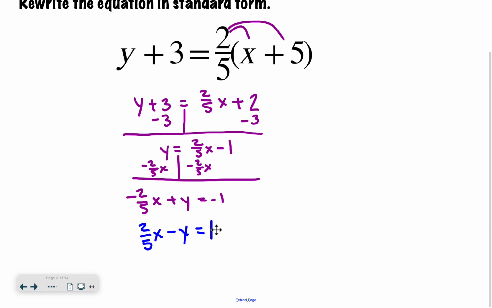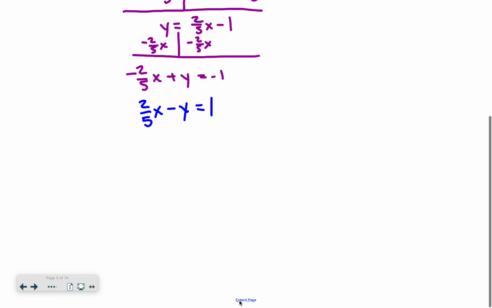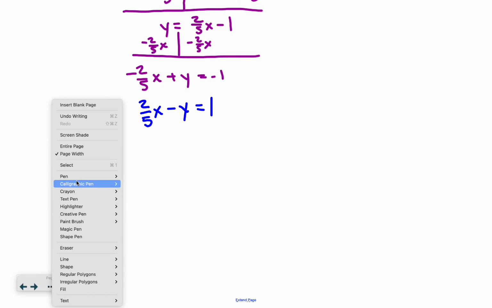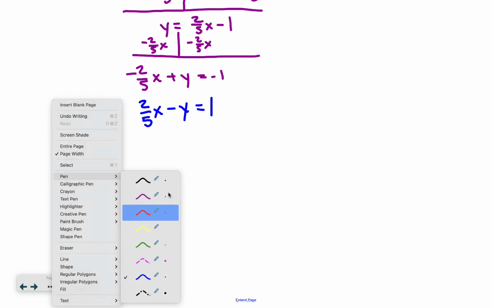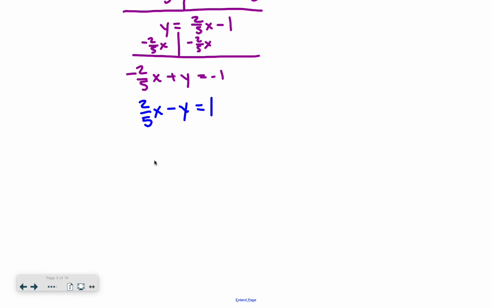Then our next rule was talking about how a, b, and c cannot be fractions. So the way we get rid of those fractions is by taking that entire equation and you multiply it by whatever number's in the denominator, the bottom of that fraction.